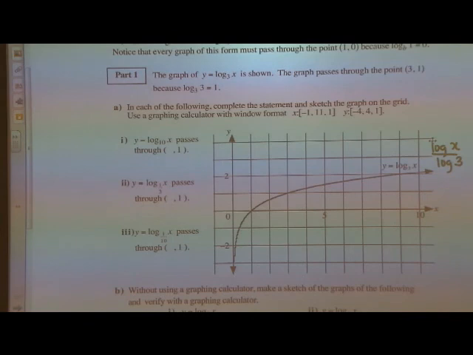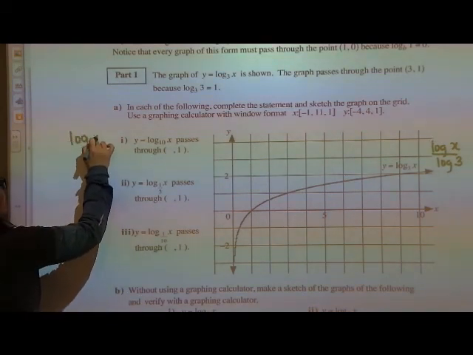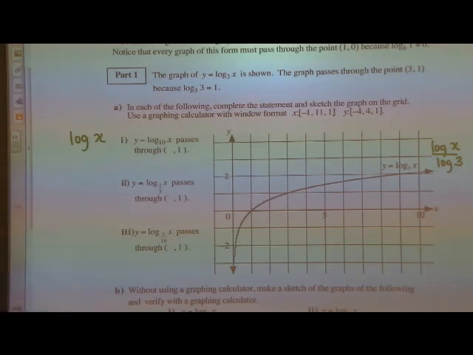So how would I put log base 10 of x into my calculator? Log x divided by log 10? Or wouldn't it be just log x? Yeah, it could be just log x because the base is equal to 10. So then what about log base 1/3 of x?